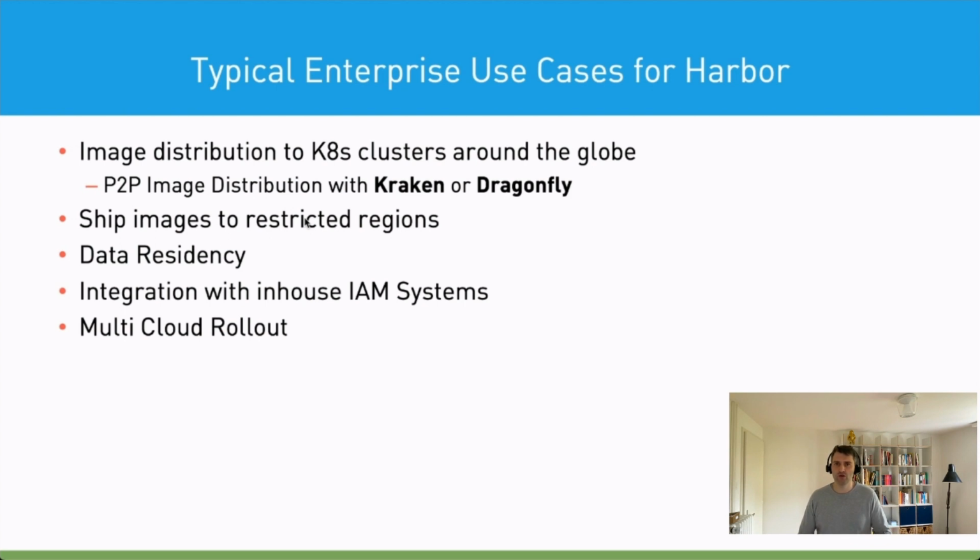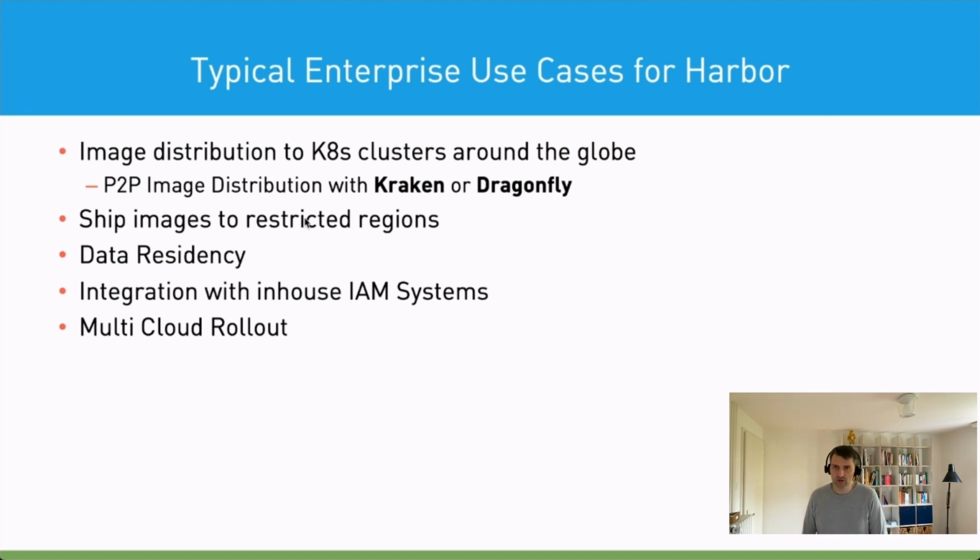You can distribute container images in a peer-to-peer fashion over multiple global locations, and this allows you to distribute a lot of images very quickly around the globe, making changes to your application accessible immediately.